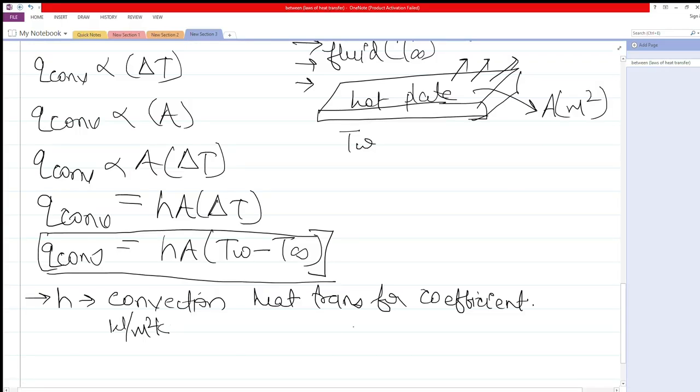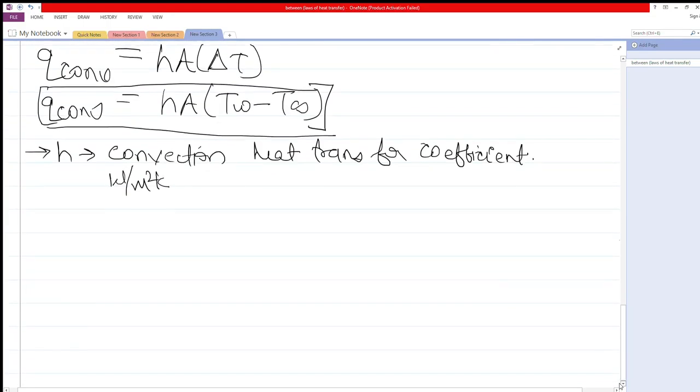Now h is the constant of proportionality that we came across in Newton's law of convection, and k is the thermal conductivity, which was the proportionality constant that we came across in Fourier's law of conduction. Conductivity is a property of material. k, thermal conductivity, is the property of the material.